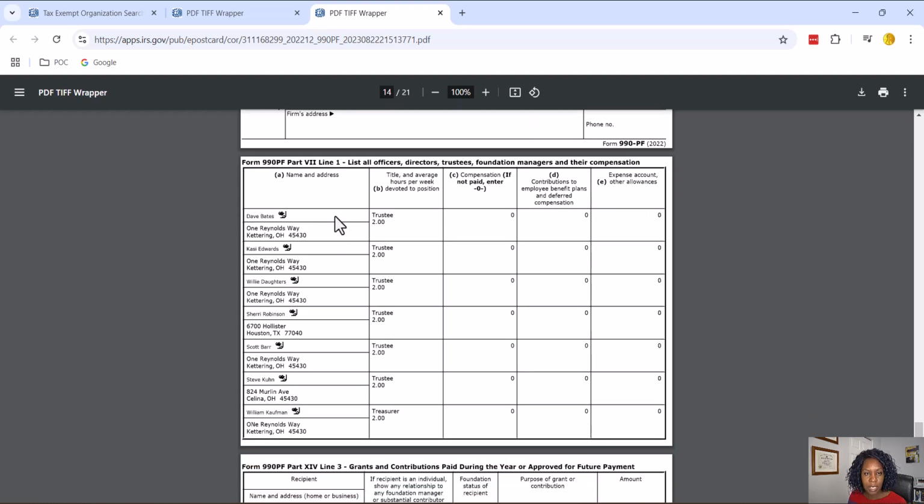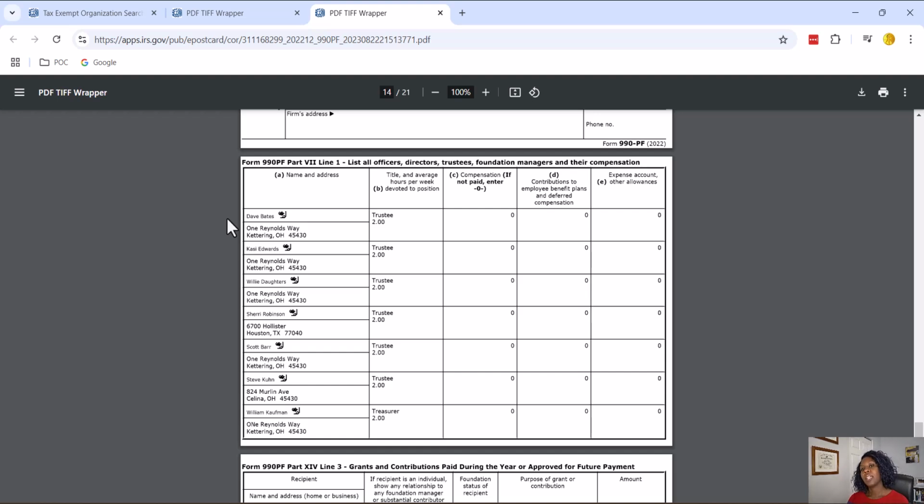So it is a good idea to just look through this list, because they have the names of the individuals who are associated with the foundation. In this case, Reynolds Reynolds. Because you actually might know one of these board members. And in which case you can reach out to the board member and say, hey, we'll use Dave Bates, for example.